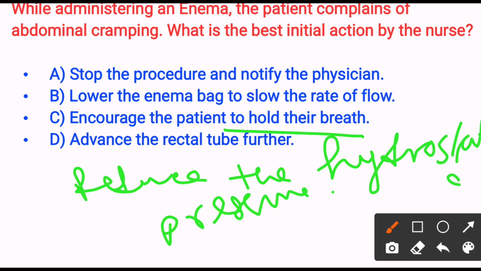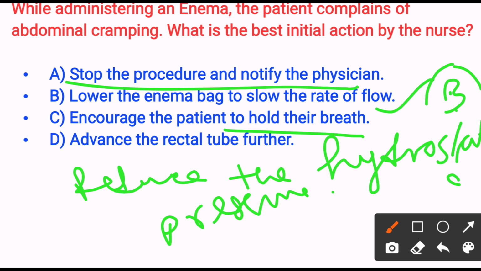Encourage the patient to hold their breath? No. Holding breath means Valsalva maneuver, which increases the intra-abdominal pressure and the discomfort. Stopping is unnecessary unless the pain is severe or bleeding occurs. So the answer will be option B, lower the enema bag to slow the rate of the flow.